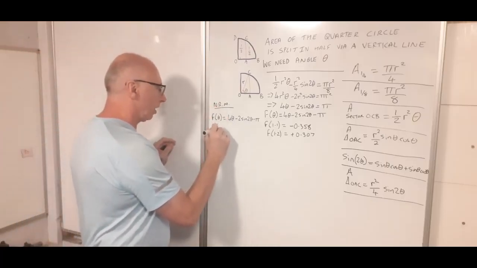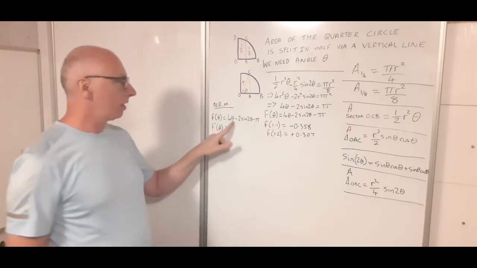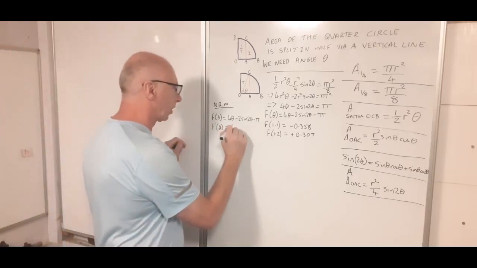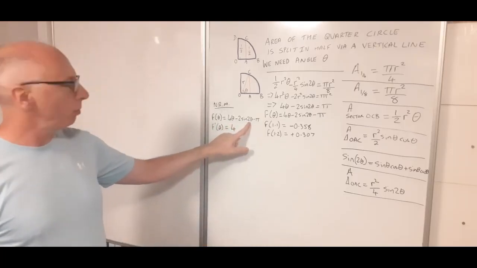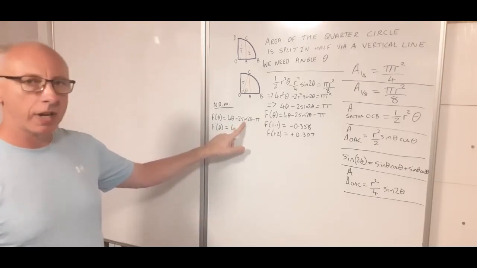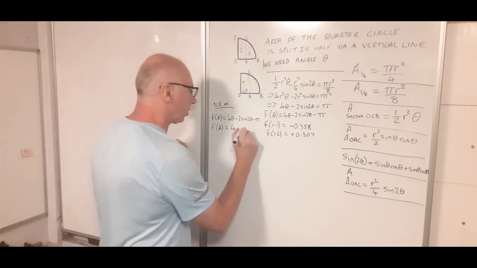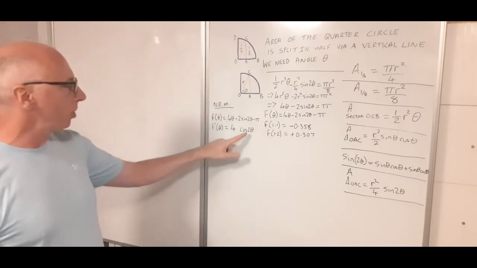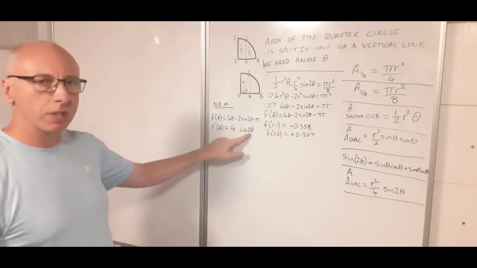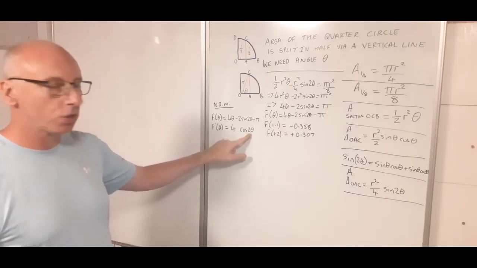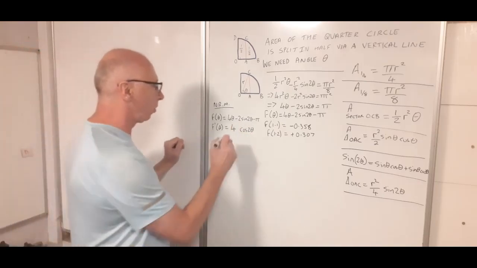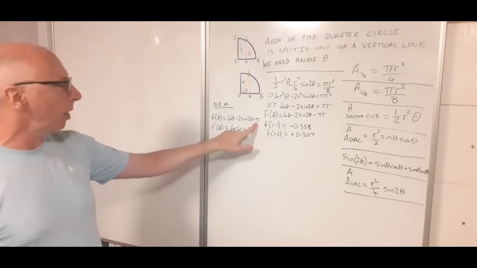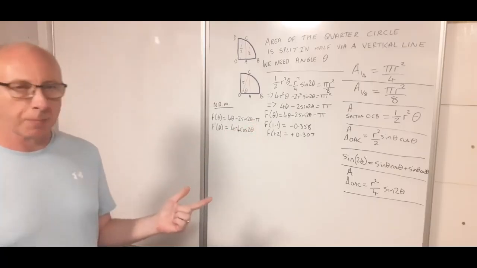So f prime of theta, take the derivative with respect to theta, I just end up with 4. The derivative of sine is cosine, so I've got cosine 2 theta. And then by the chain rule, I need to multiply by the derivative of 2 theta, which is just 2. So I'm going to subtract 4, so minus 4 cosine 2 theta. The minus pi will disappear.